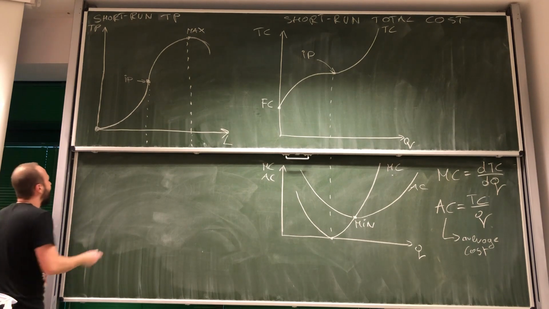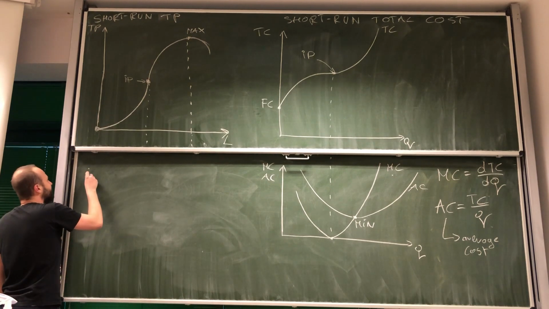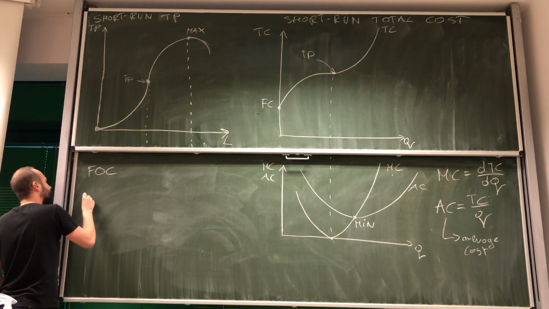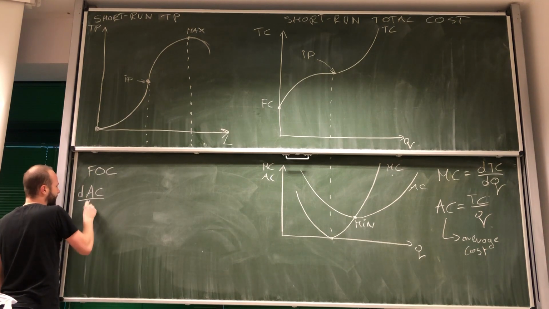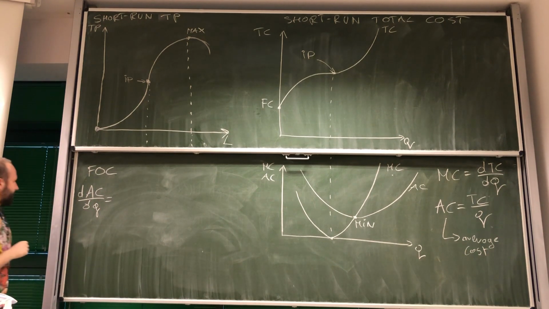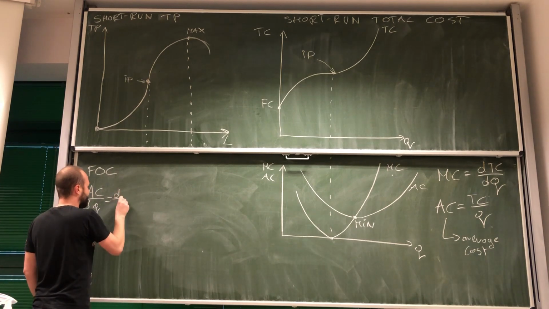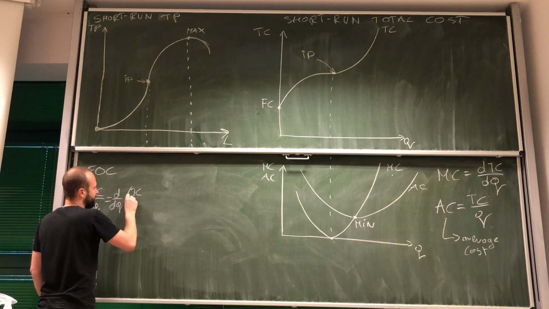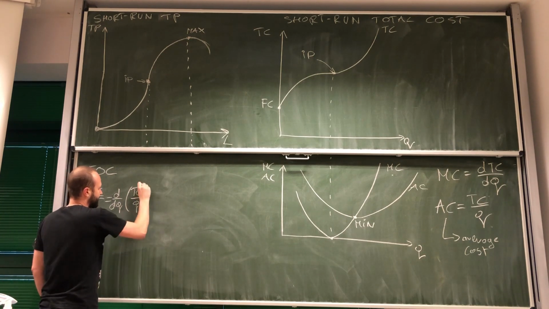So look, I want to calculate first derivative of average cost with respect to quantity. So, what am I doing now? I'm differentiating total cost with respect to quantity.